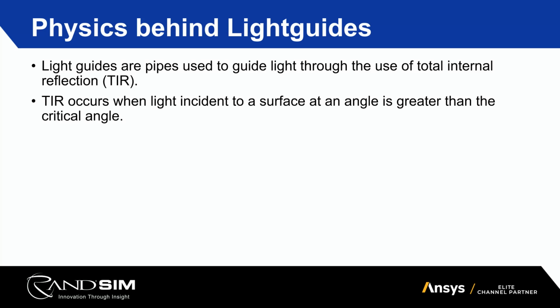We are not using mirrors at all in the system. Now, you can always add mirrors later on, but the entire point of the light guide is to use total internal reflection, the reflection that happens at the critical angle. So I know I'm throwing a lot of words out there, but I'm going to try to break it down.